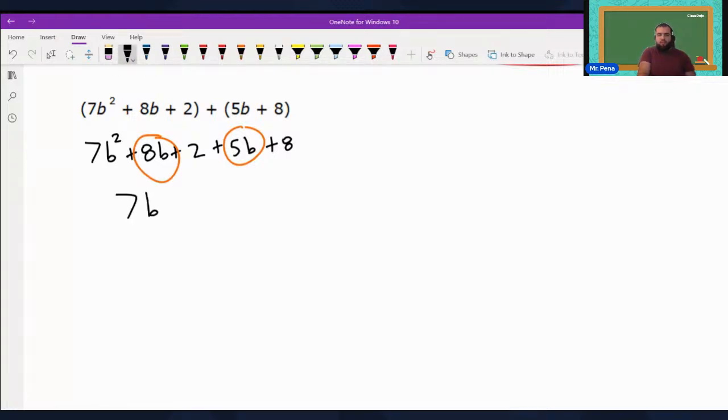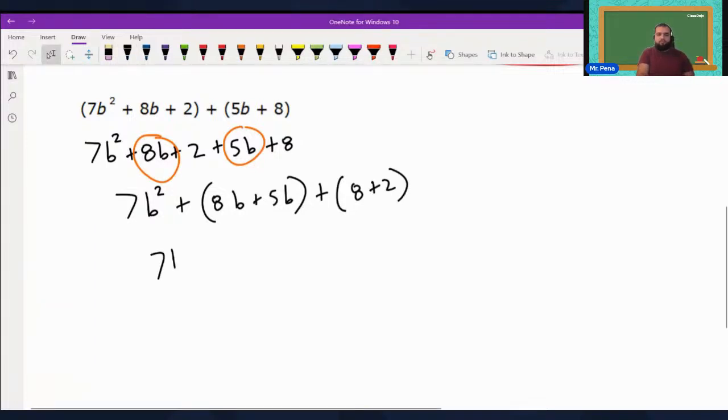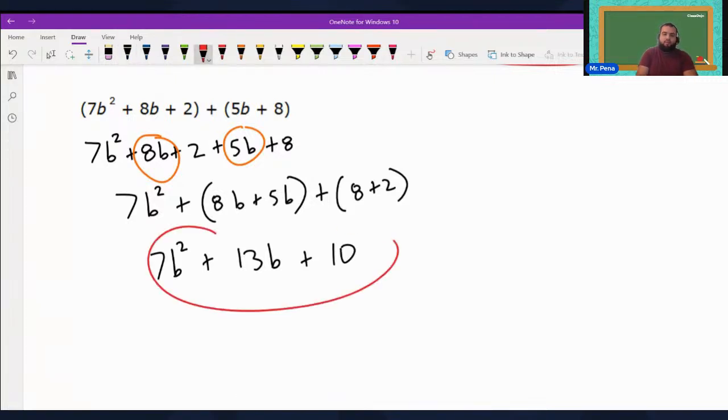So we're really just writing 7b squared plus whatever 8b plus 5b is, which is 13b. And then 2 plus 8 is 10. So our final answer is 7b squared plus 13b plus 10.